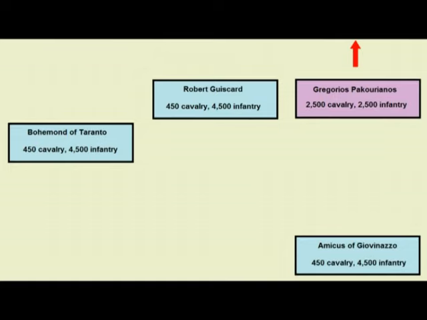We can imagine preemptive Byzantine softening up of the Norman lines because they didn't have much other chance. They had to spend that missile fire before the main engagement began.